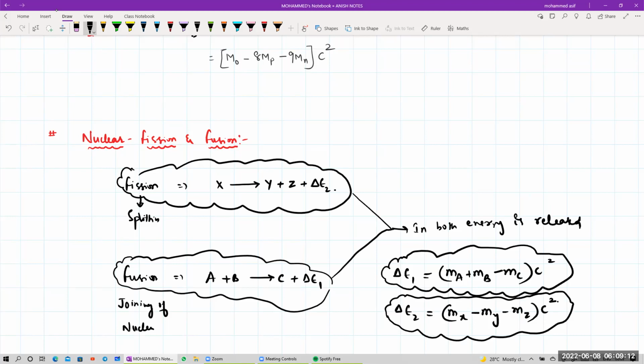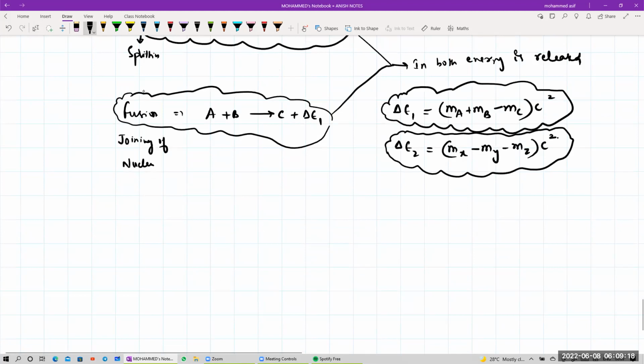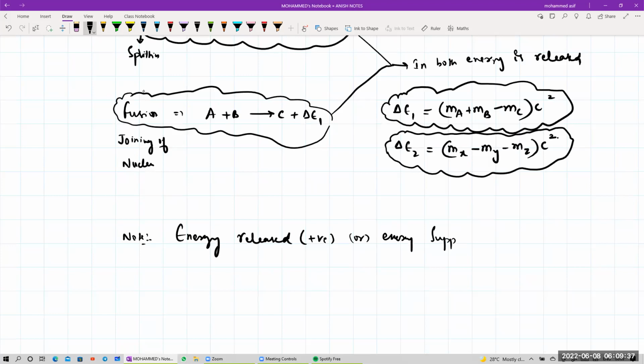Now see, whatever this energy released or supplied is called the Q value. Keep a small note. Energy released will obviously be positive. Or energy supplied, when you are supplying energy, will be negative.